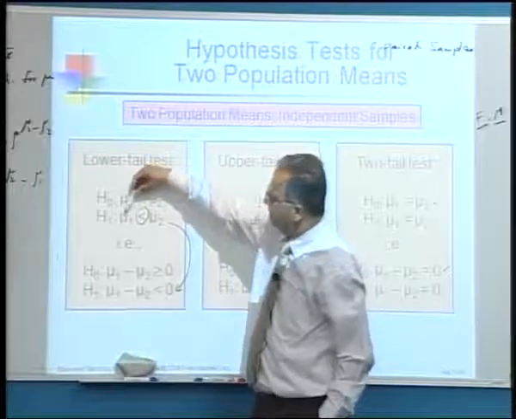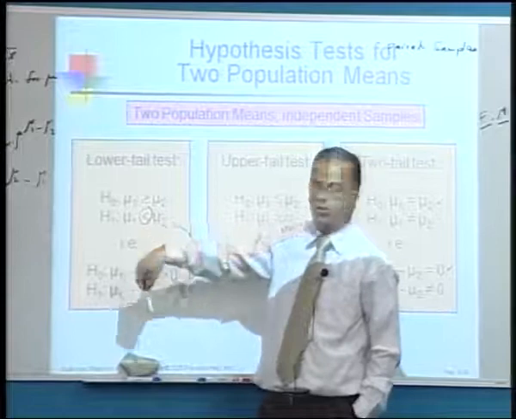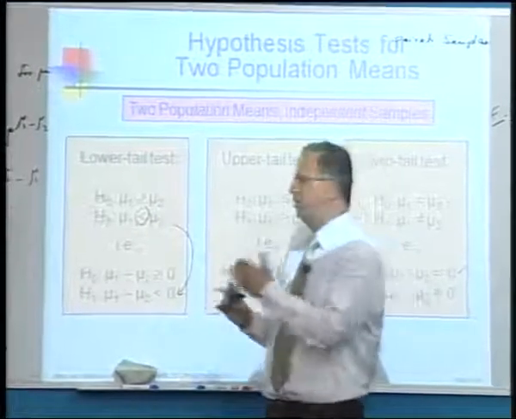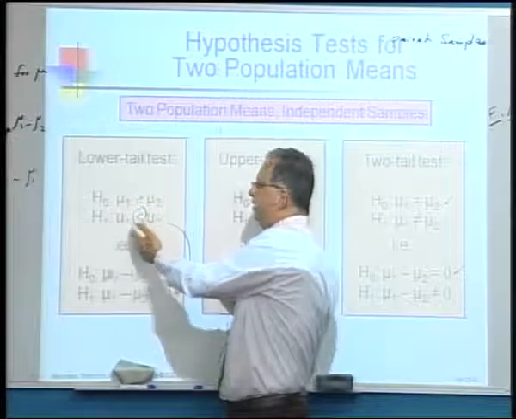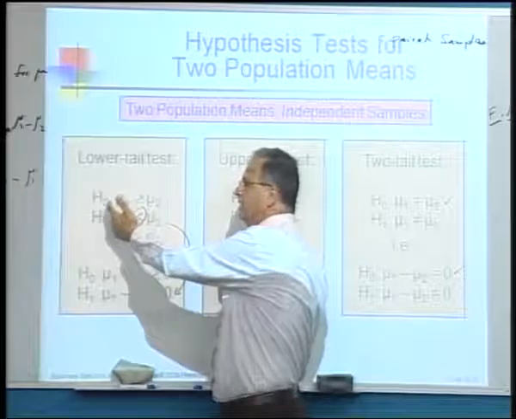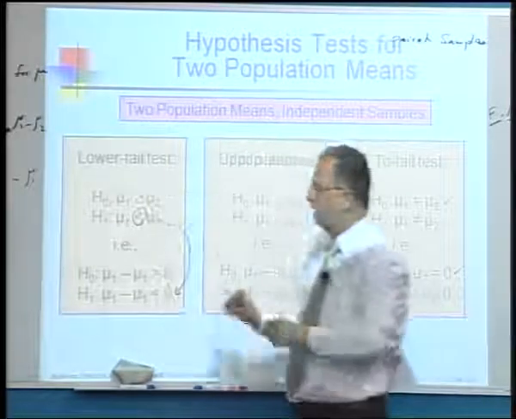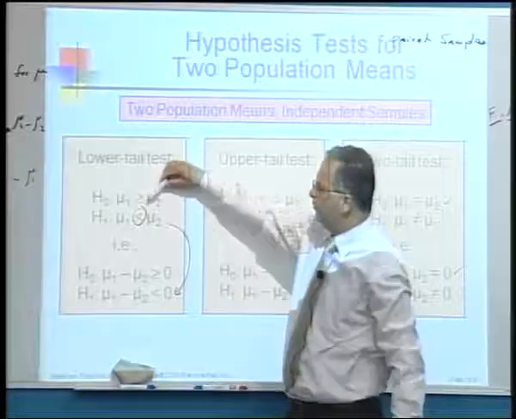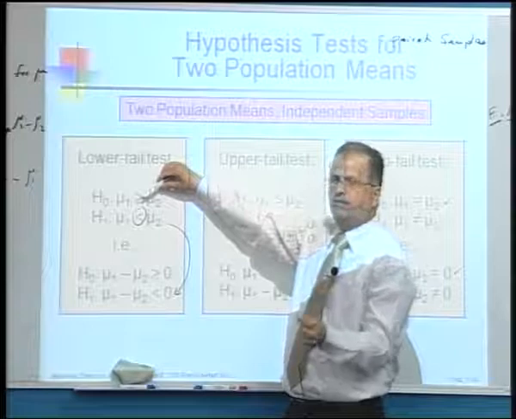And as we mentioned before, H1 is the opposite of H0. So if under H1 mu1 is smaller than mu2, it means under the null hypothesis, mu1 is greater than or equal to mu2.